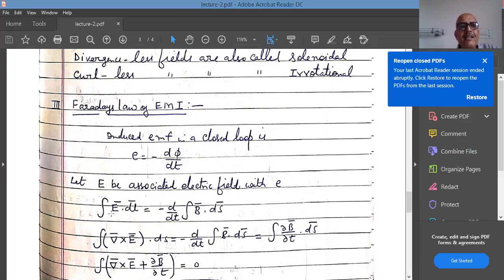So here work done is basically the integral of F dot dl, but we have a unit charge, so F becomes equal to E, so it's E dot dl. So this E dot dl is now equal to minus d over dt of phi, the flux associated with the whole surface, which is the surface integral of B dot ds.